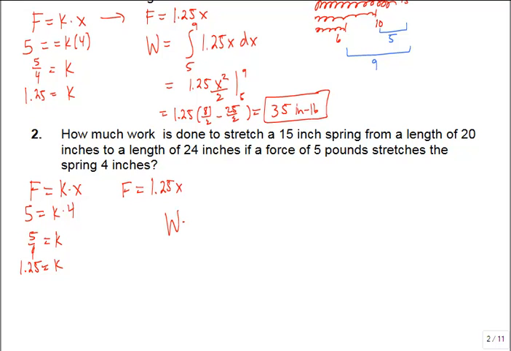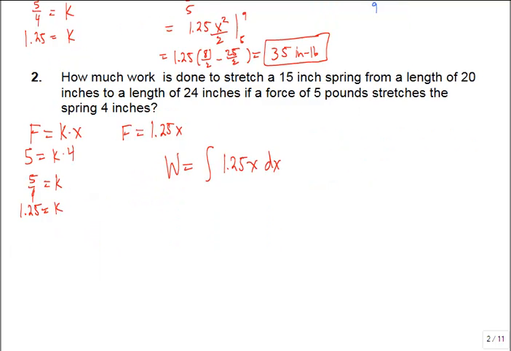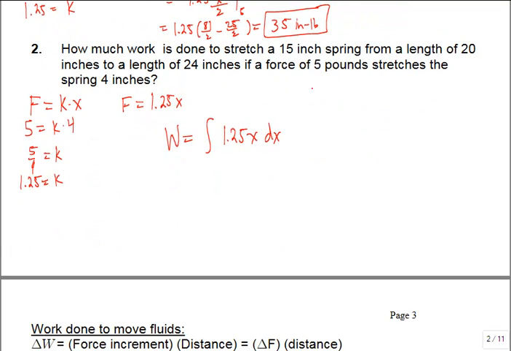So your work integral is going to be the integral of this force function, 1.25x dx. And now we just need to figure out what our bounds should be. So again, we're starting with a 15-inch spring, but this time we're going to stretch it out from 20 out to 24. So you always want to measure from the natural length of the spring, which was this 15.